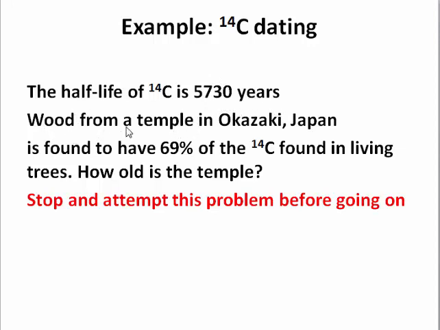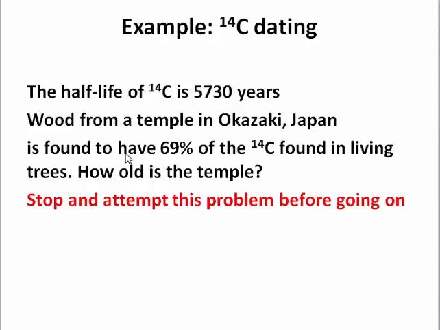Suppose wood from a temple in Okazaki, Japan is found to have 69% of the carbon-14 found in living trees. One could ask, how old is the temple? Now, implicit in the question is that there is a certain concentration of carbon-14 in living things, corresponding to the fraction of carbon-14 on the planet at the time.